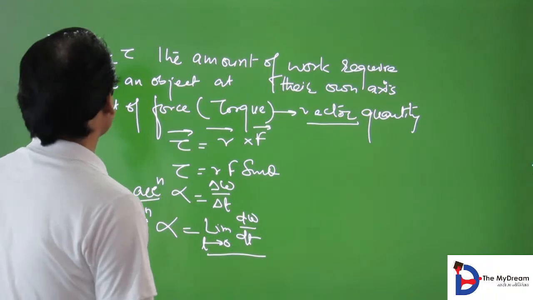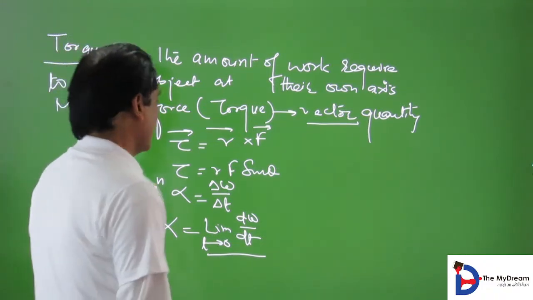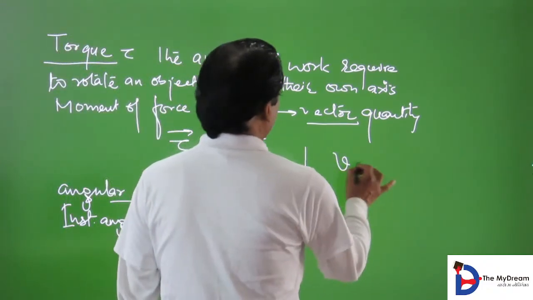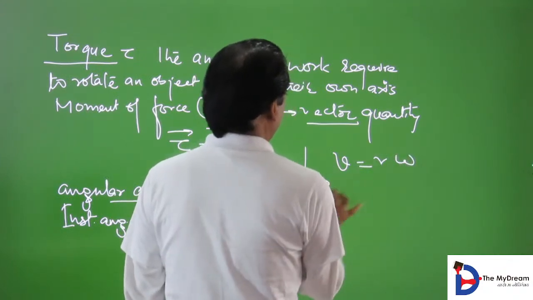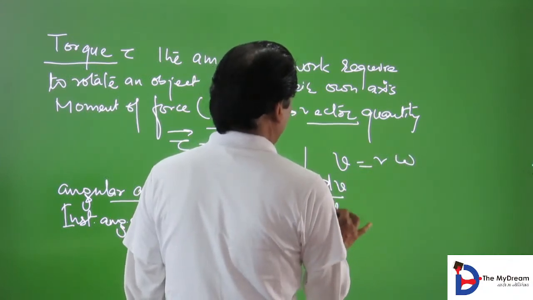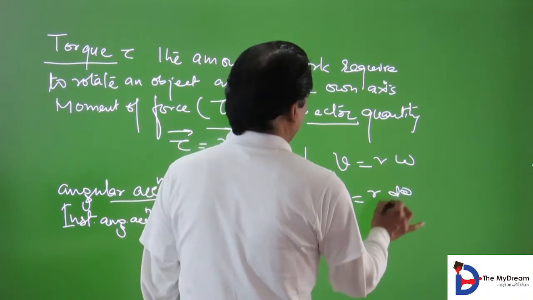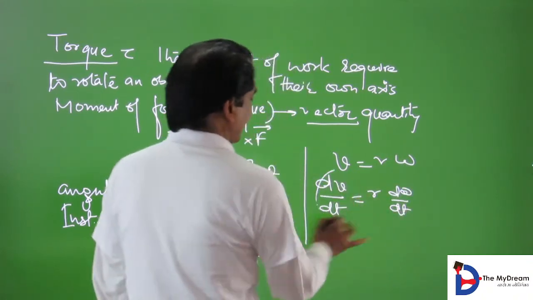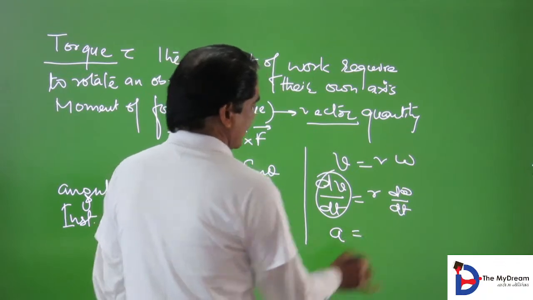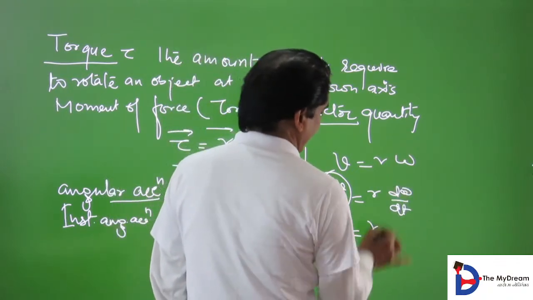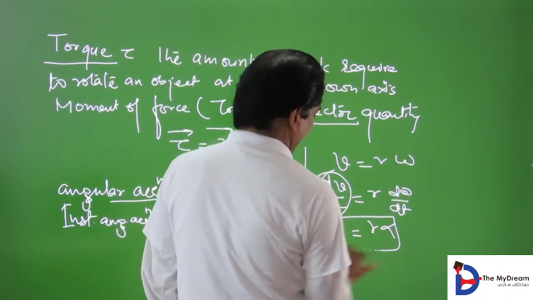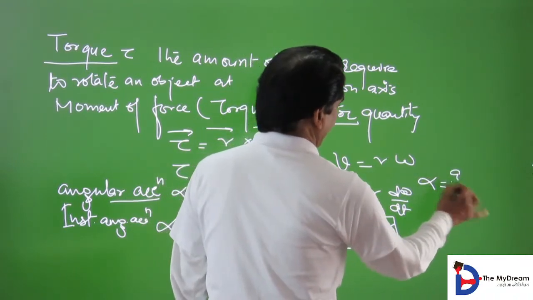As you know v is equal to r omega, if you differentiate this with respect to t, then you will write down a = r alpha. So this is the linear acceleration and this one is the angular acceleration. So alpha can be written as a upon r.